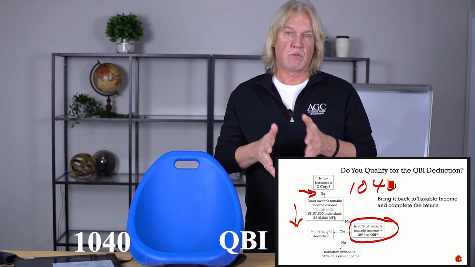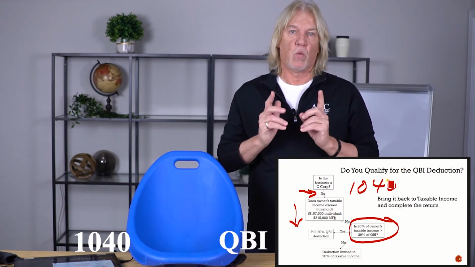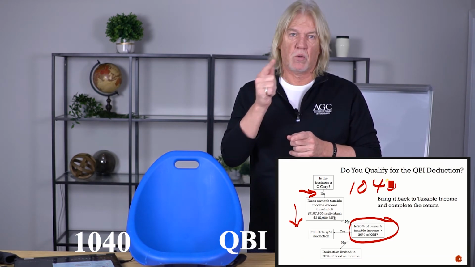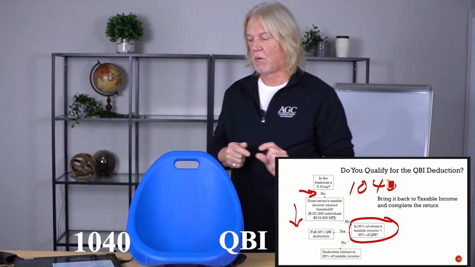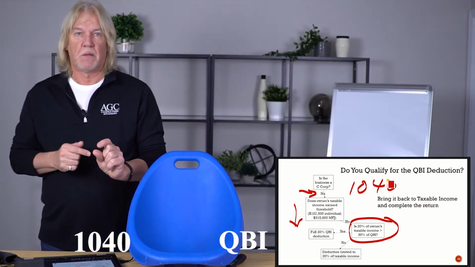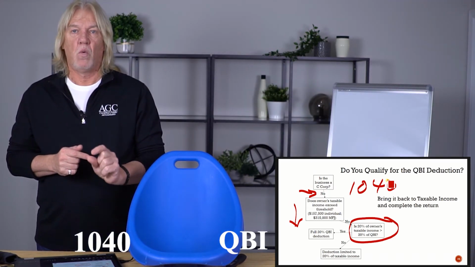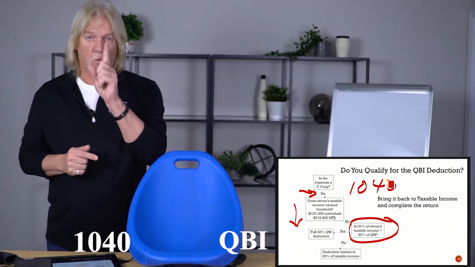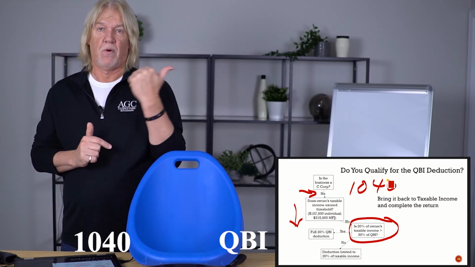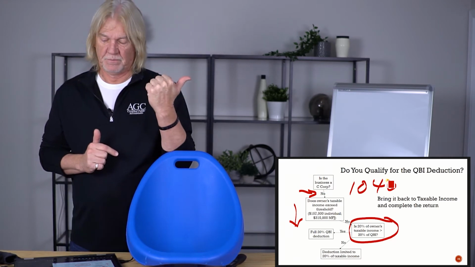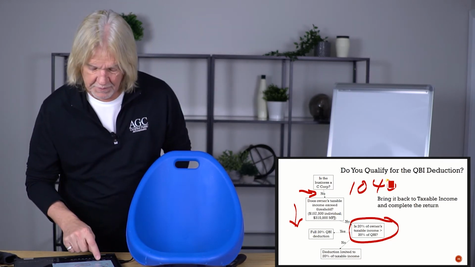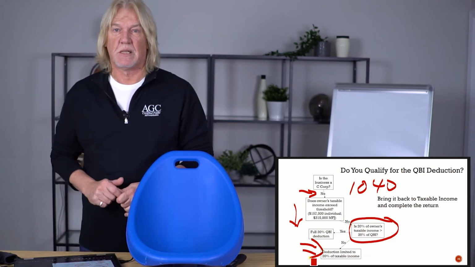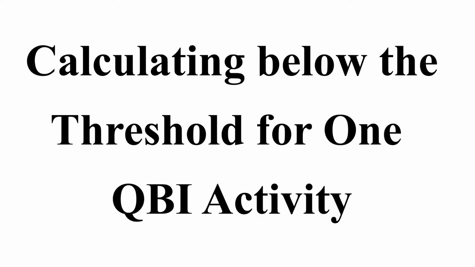And then when we get done, we're going to take one number, whichever is less, 20% of QBI or 20% of taxable income, and take that one number over here and complete the 1040. The only thing on the 1040 related to QBI is one number that comes from over there on that side of the chair. That then is this right here. The deduction is limited to 20% of taxable income.